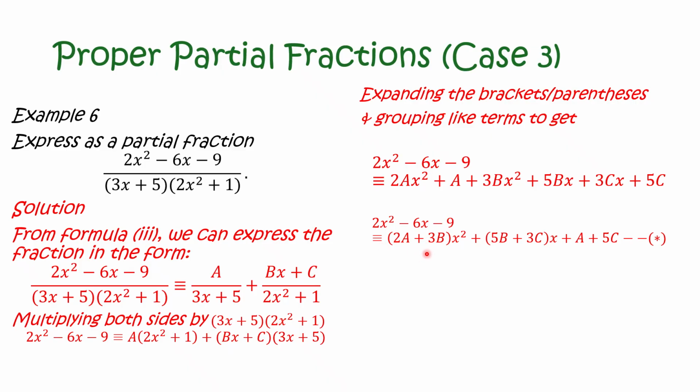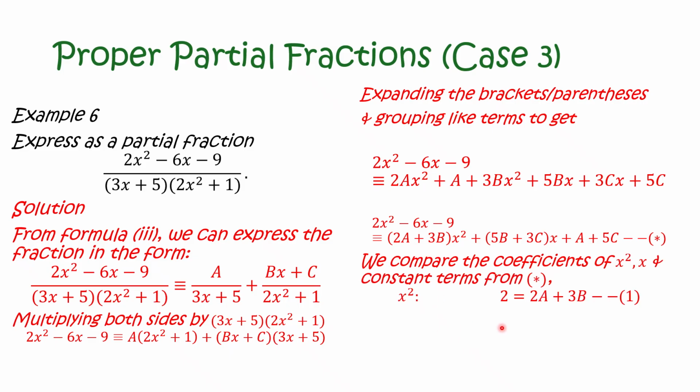So we group the like terms according to the x terms, starting from x squared up until we get to the constant term. So in this case, we are going to have as the coefficient of x squared 2a plus 3b, the coefficient of x, 5b plus 3c, and the constant term being a plus 5c.